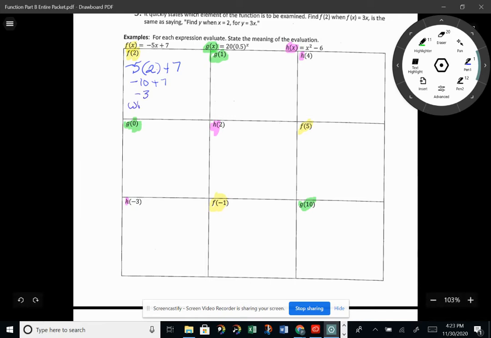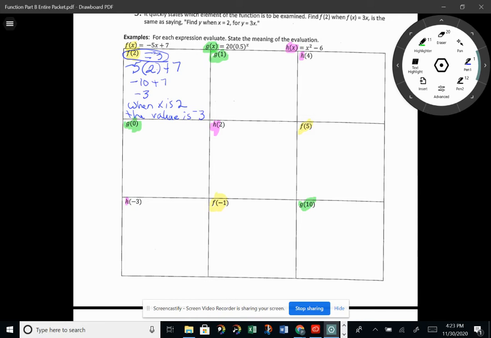So this says when x is 2, the value is -3. There's a negative sign in there, believe it or not. So f of 2 is equal to -3.